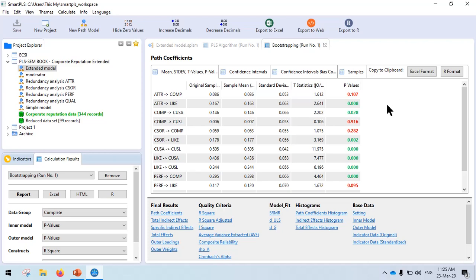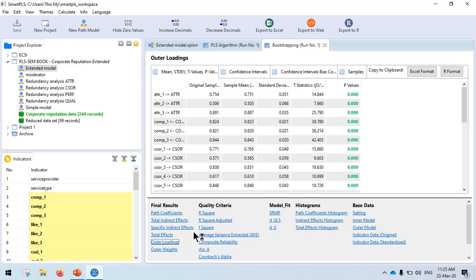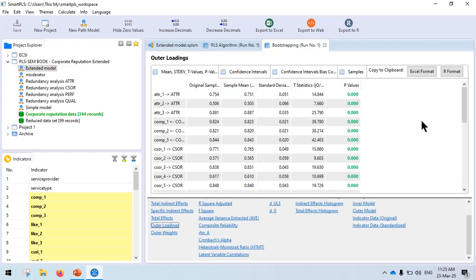After we have that done, I will go and click on the outer loading here. Okay, outer loading, and as you can see here in the outer loading, this result provides support for retaining the 4 formative indicators, right?